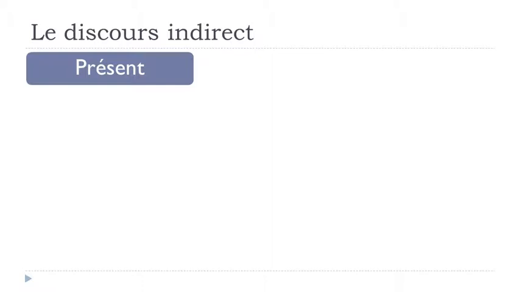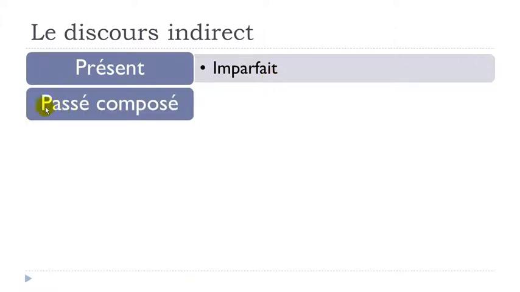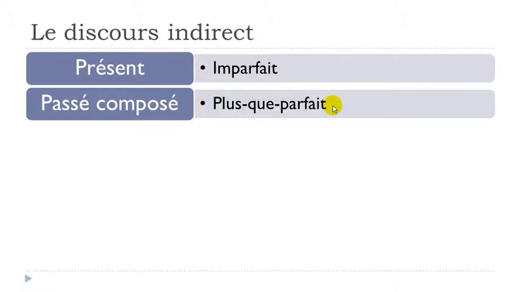So keep in mind that if you've got this structure, so first verb at the passé form, and then the second verb, it is at the present form, okay? So when you will modify this structure and you will put this discours indirect, so remember, présent, as we saw, will become imparfait, okay? Then if you've got passé composé, so still in the second part of the structure, it will become plus que parfait, okay?